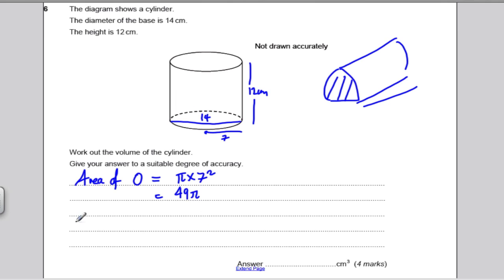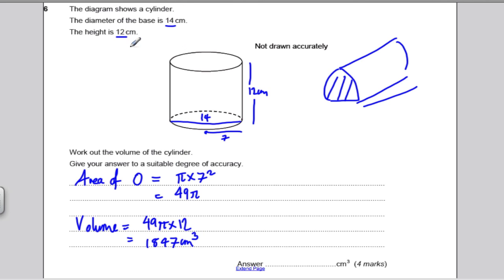And then times it by the height, so the volume must be 49 pi times 12, and when you do that, you get 1,847 centimeters cubed.